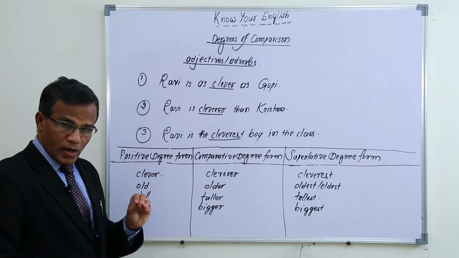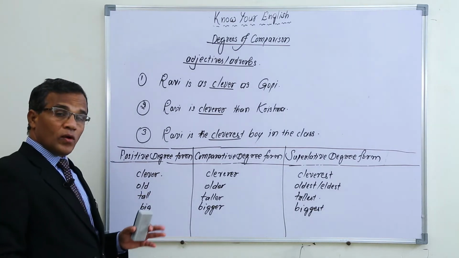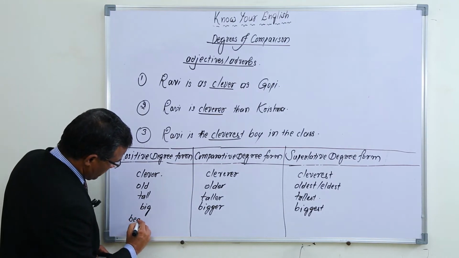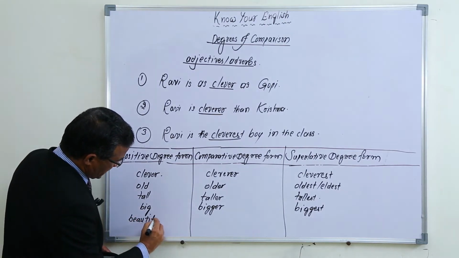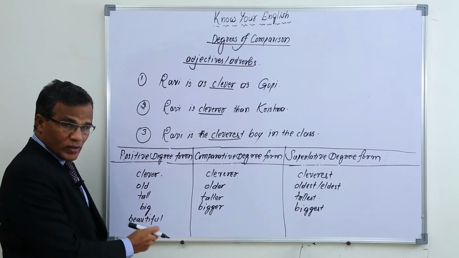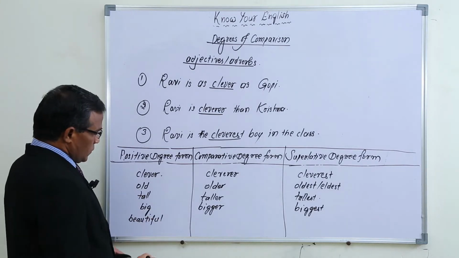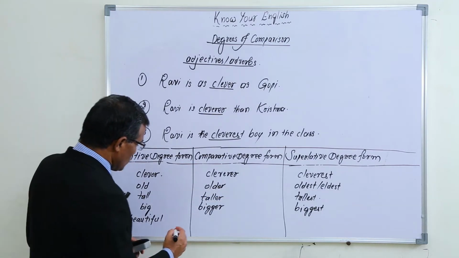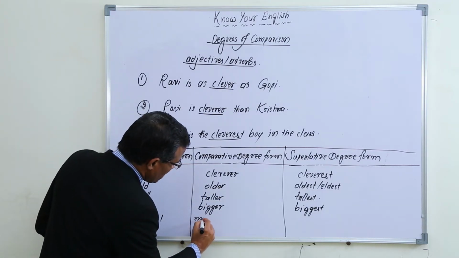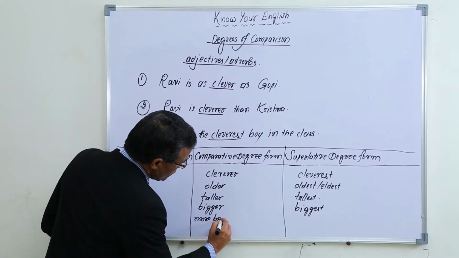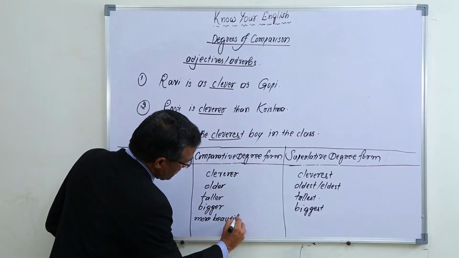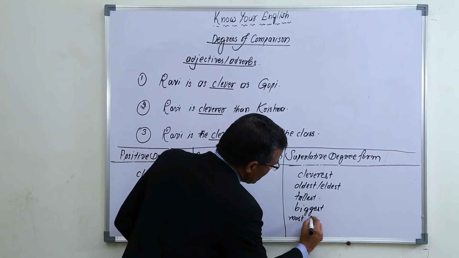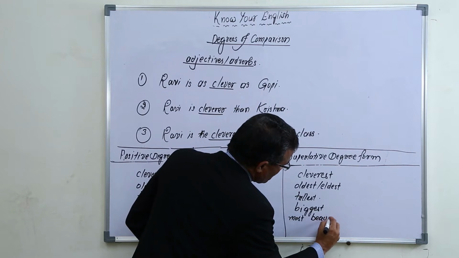These words are small, and there are certain long adjectives also, like for example, beautiful. Beautiful is an adjective which is a long word, meaning a bigger word. So for this we cannot use er and est here. So, beautiful, more beautiful, and most beautiful.